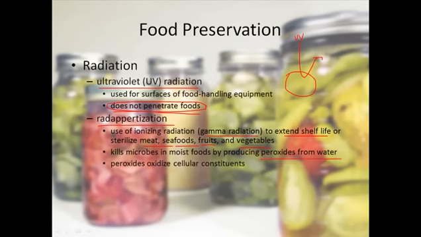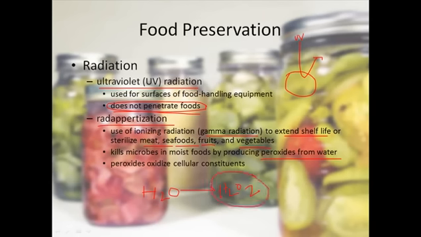As we know, water can be converted into peroxides. Peroxides, when divided, will form water and oxygen. So if we have water, we release some of the oxygen, and the water can be transformed into peroxide if we add an oxygen molecule to it. So what radappertization is doing in the case of this ionizing, that means the gamma radiation, is that the gamma radiation helps trigger the formation of hydrogen peroxide from water.